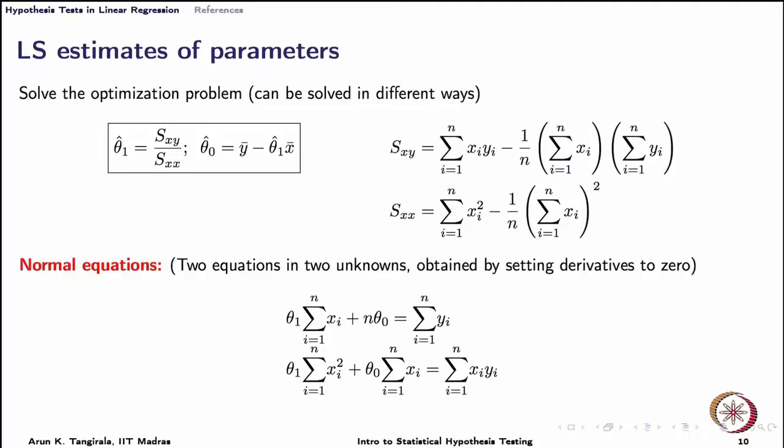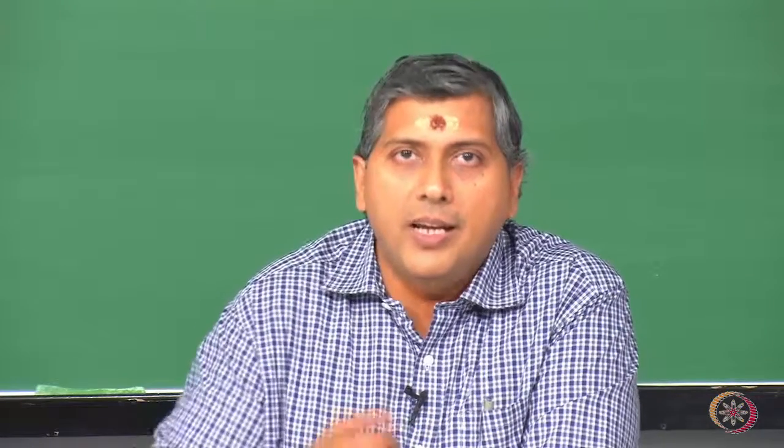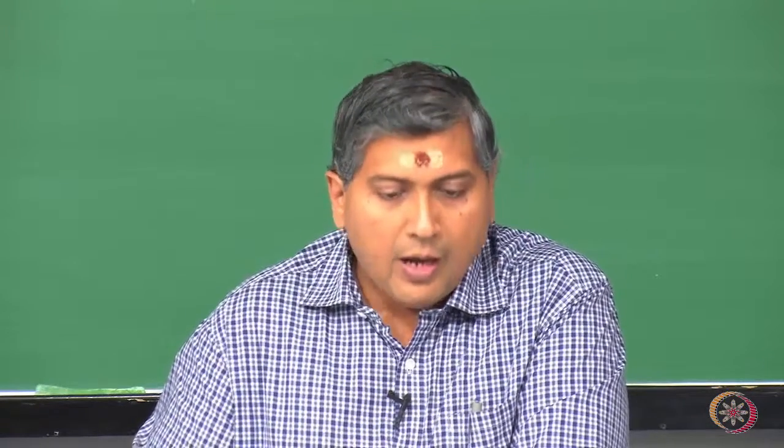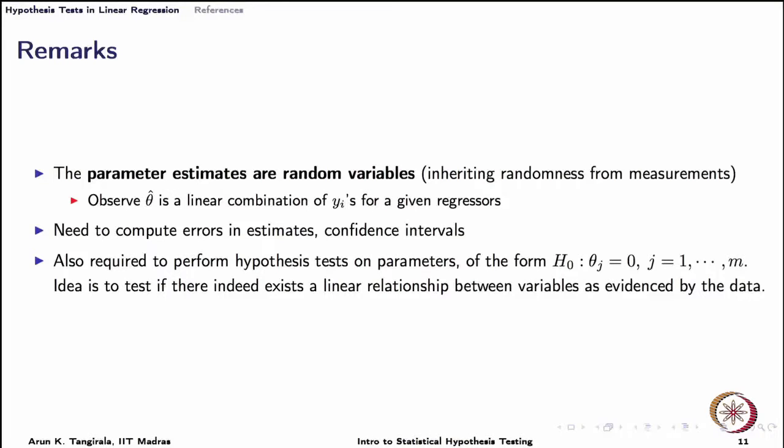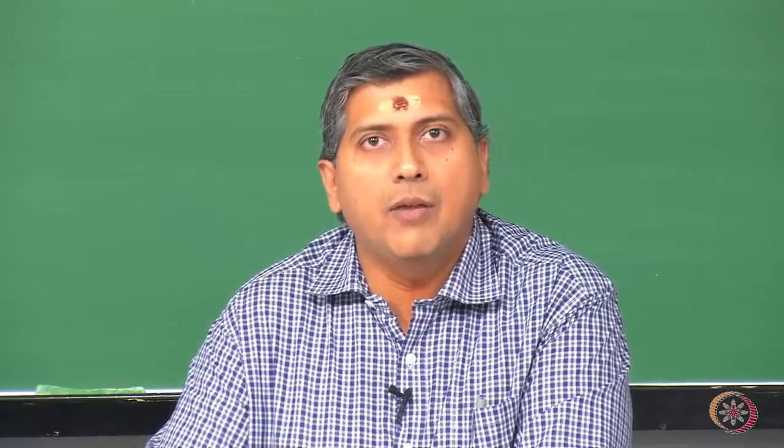Even if you assume x to be deterministic, which we normally assume in a classical linear regression problem, y has randomness in it, therefore both parameter estimates inherit that randomness and are random variables in their own right. They have a mean, they have a variance and so on. We need to look at two things: whether the average of theta 1 hat gives me the so called true theta, and what the expression for the variance of theta hat is.